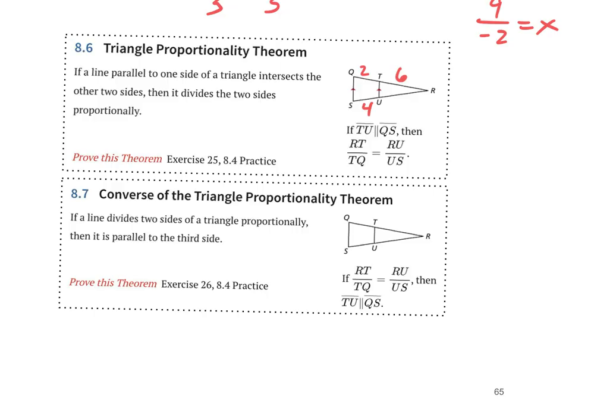What you can't do is say, oh, I'm going to add 4 to get here, because adding and subtracting is not proportionality. Proportionality is the same scale factor, multiplying or dividing. So to get from 2 to 6, I multiply by 3. So that tells me that UR must be 12, because they're both 3 times longer. They're separating that side proportionally into the same ratio.